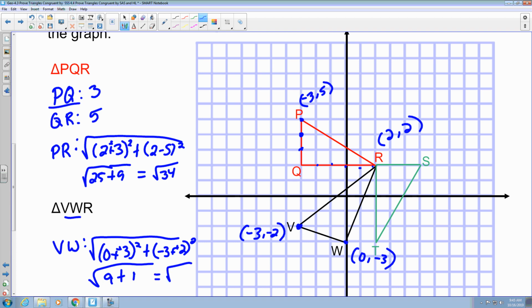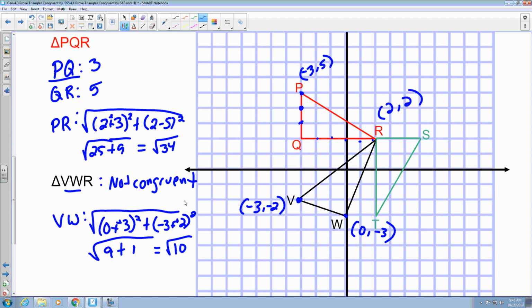This equals the square root of 10. Now the square root of 10 is not 3, so I can stop. Right off the bat, I know it's not congruent because the first corresponding side we chose didn't match up with the corresponding value of PQ, which was 3.